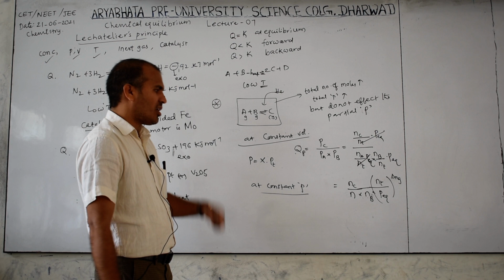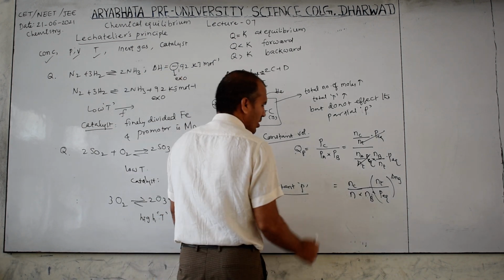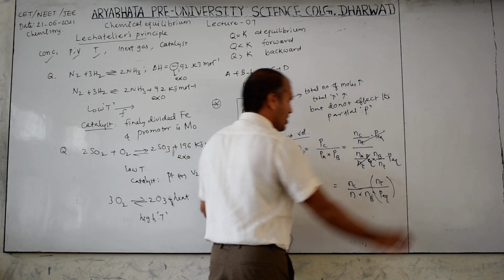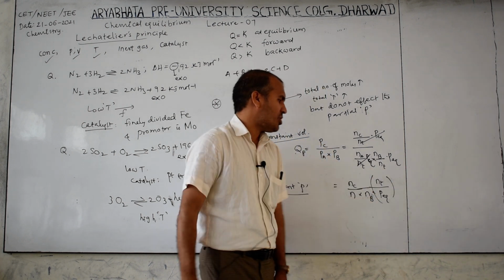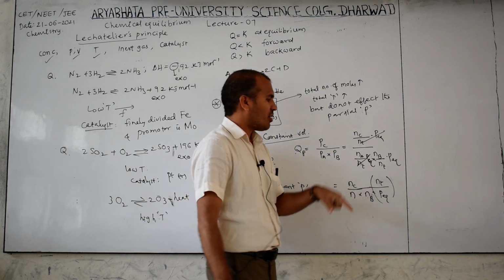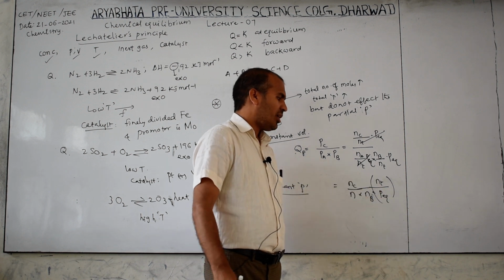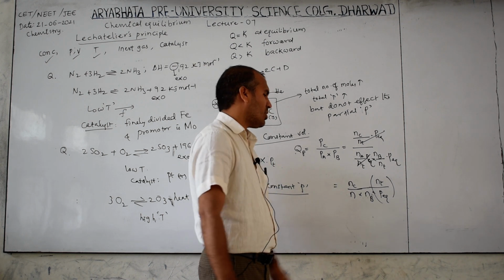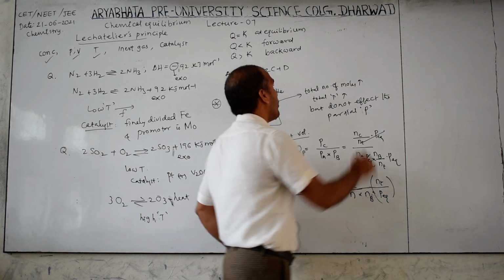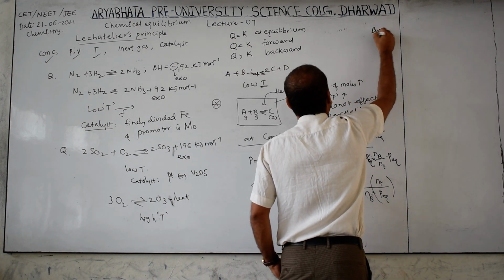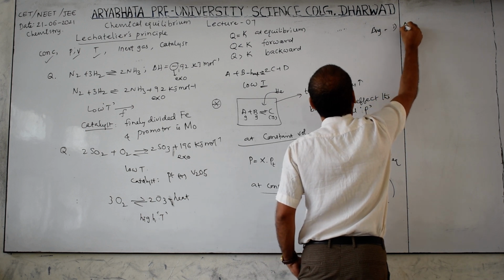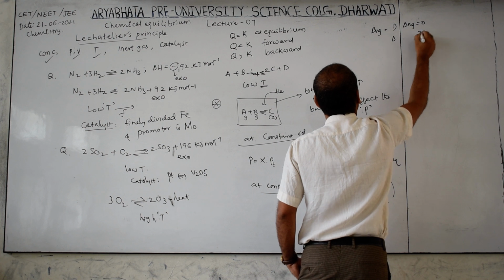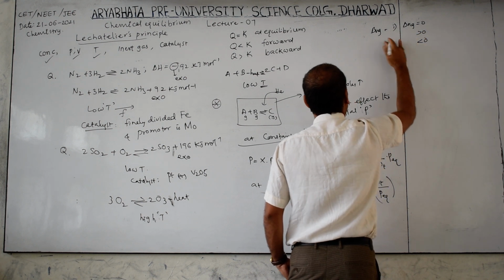For this we can write delta Ng. This is the general form. Otherwise we can write it normally, but in general form I want to write delta Ng. N total by P equilibrium, that is also P total, so P total is nothing but P equilibrium. If you write delta Ng, then what are the conditions? One is delta Ng equal to 0, second is greater than 0, and another is less than 0.